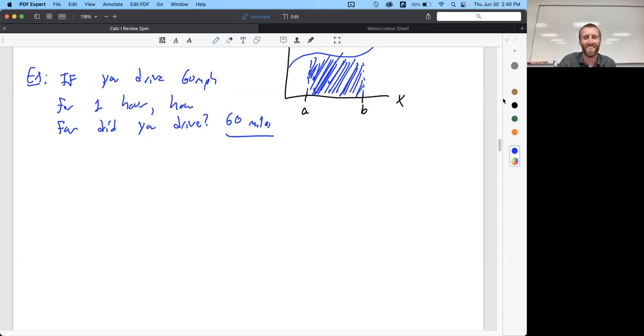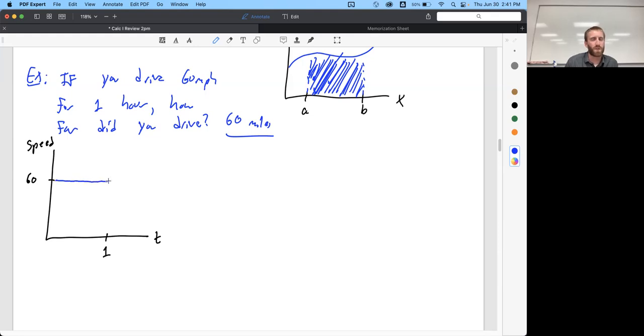Okay, so drawing a picture of this. If we have time over here, we have speed over here. And we're going 60, and we have 1 hour here. If we're going 60 miles per hour, that's a constant function, right? It's just going to be a straight horizontal line.